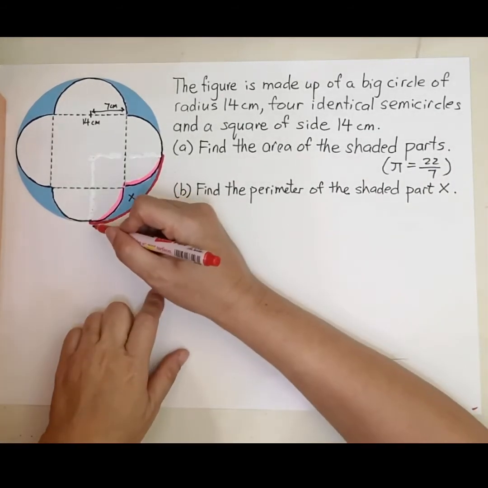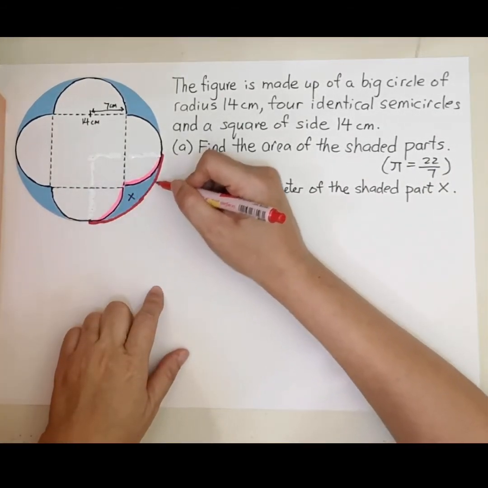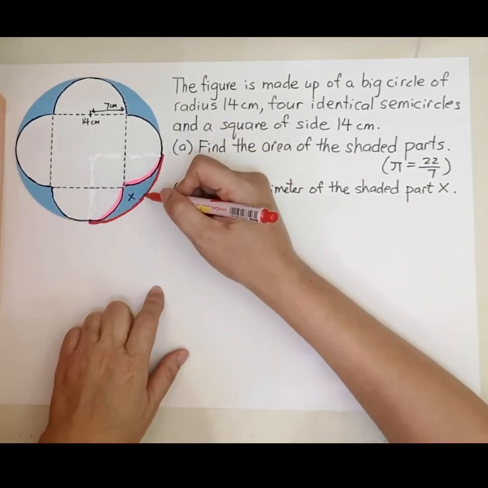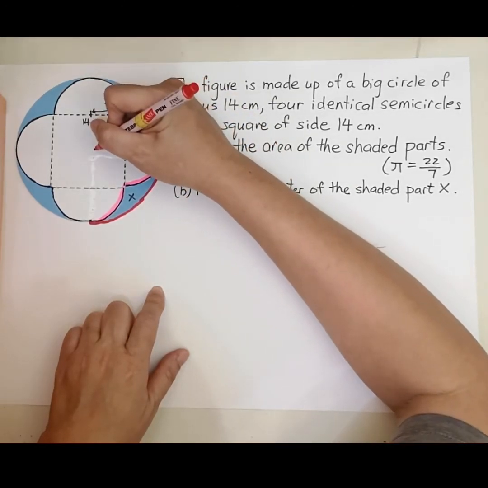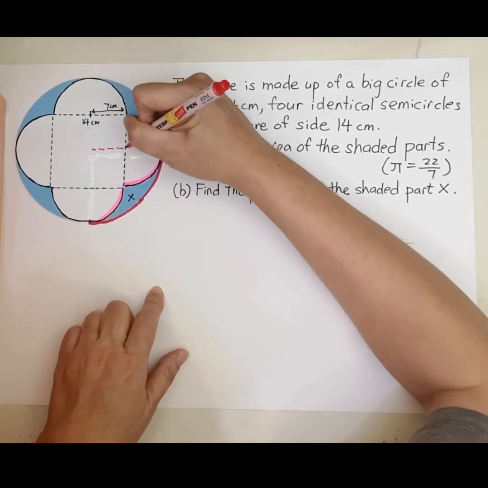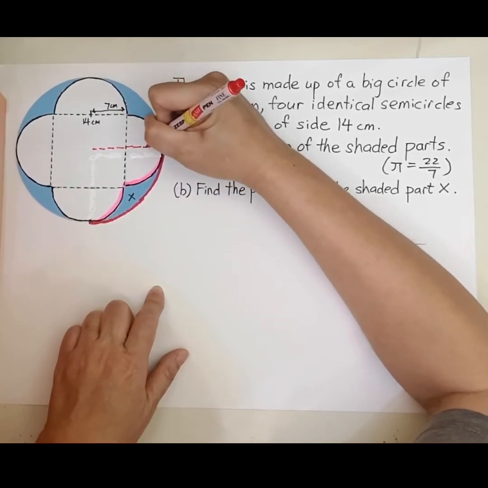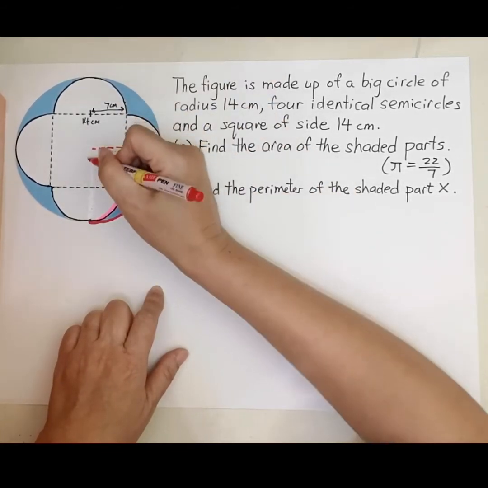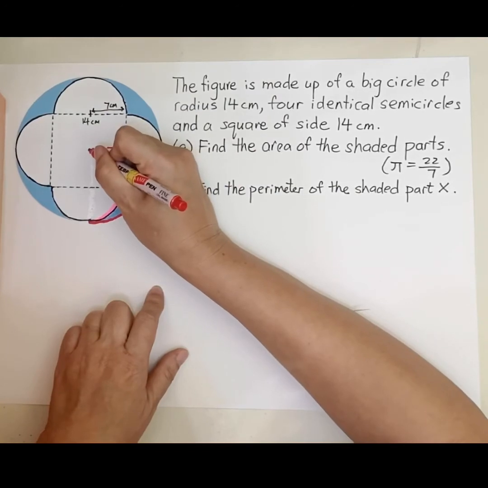Now we can see that the red arc here is actually 1/4 of the circumference of the big circle.